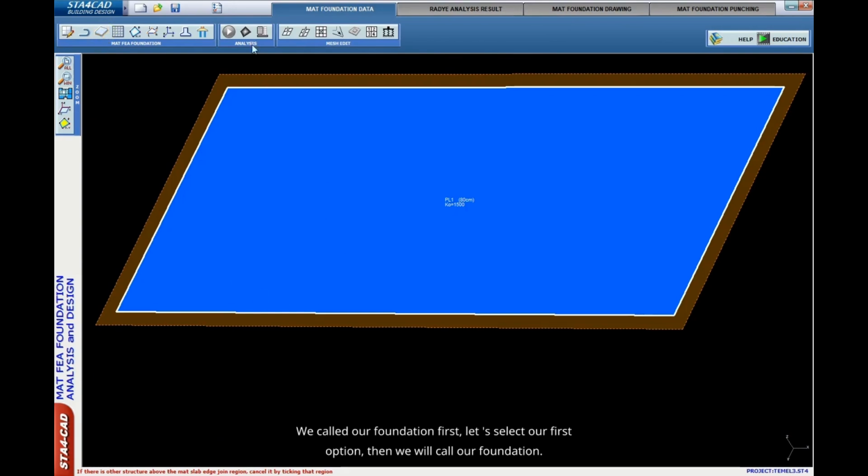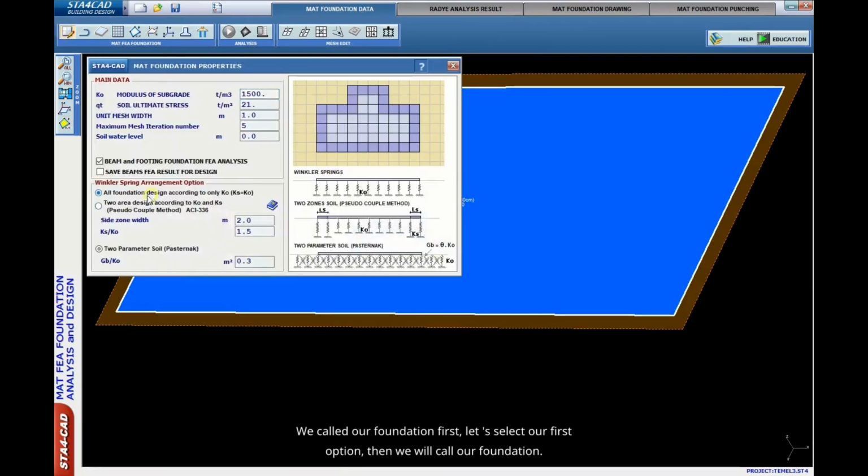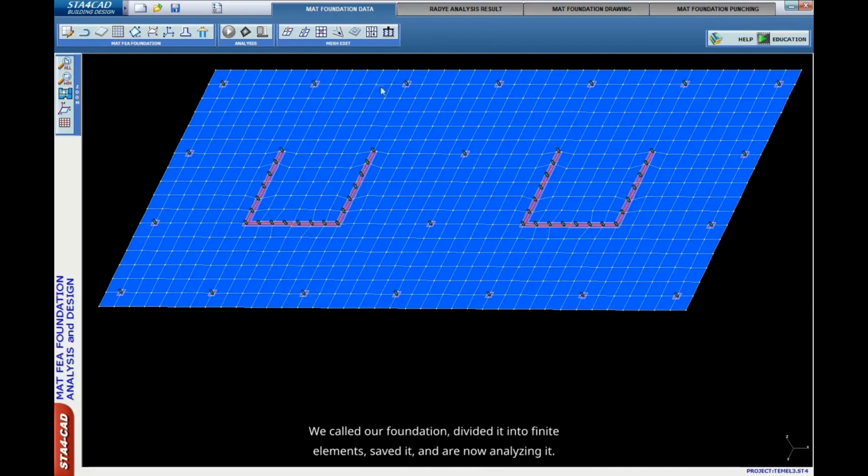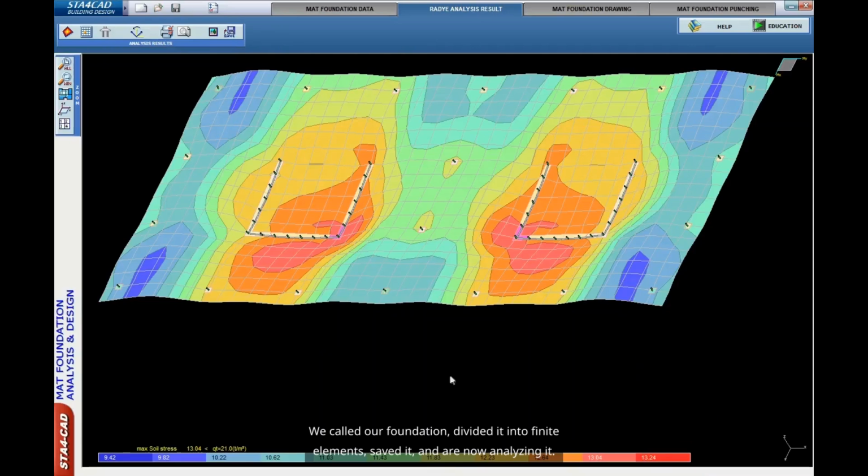Now, let's call our foundation. We called our foundation. First, let's select our first option, and we will call our foundation. Called our foundation, divided it into finite elements, saved it, and are now analyzing it.